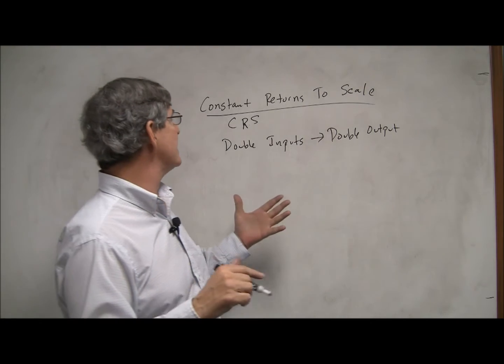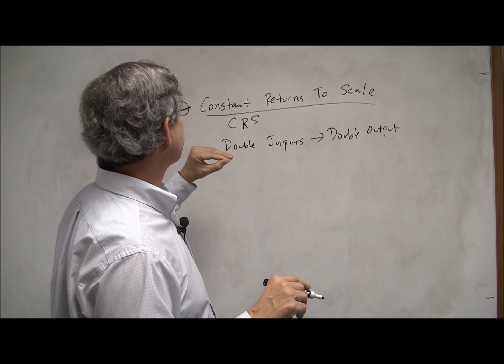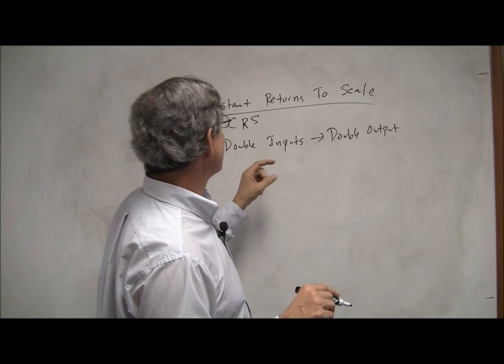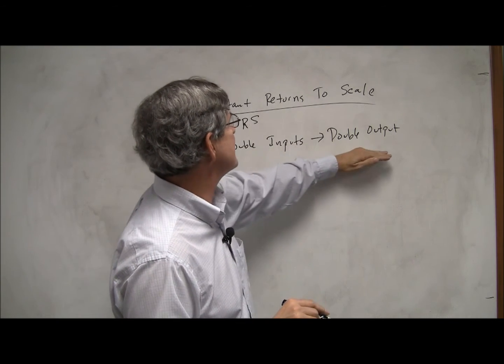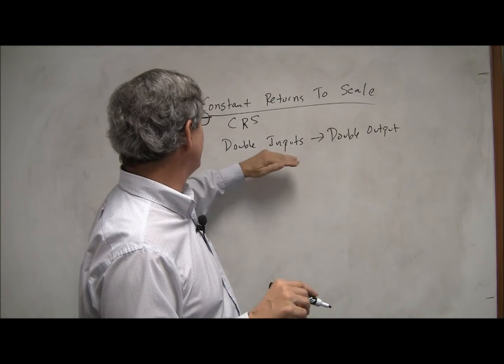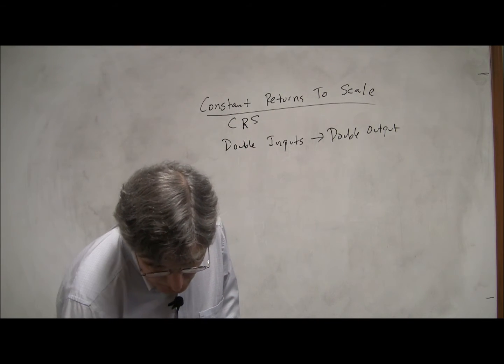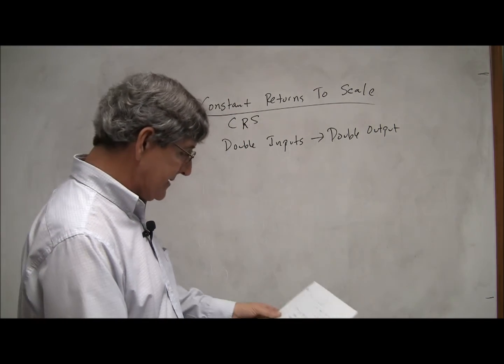And so constant returns to scale is usually assumed. Decreasing returns to scale means if we double inputs, we less than double output. And increasing returns to scale means if we double the inputs, we more than double the output. But we're mostly going to stick with constant returns to scale.